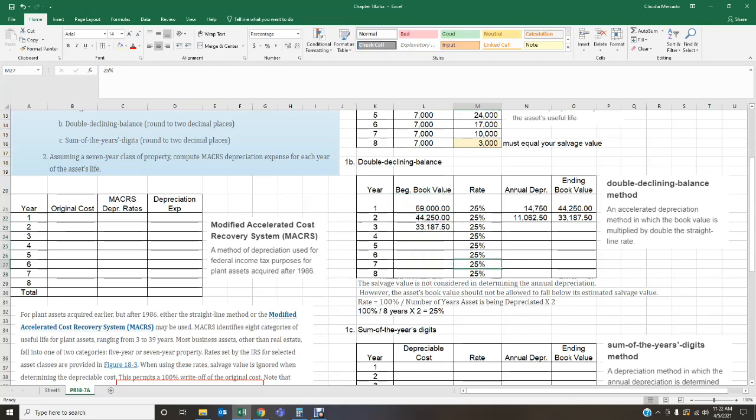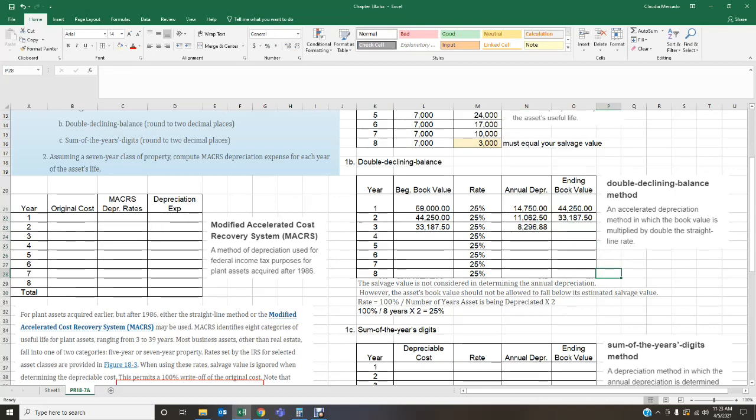I'm going to get that 33,187.50, and I'm going to multiply it by my rate of 25%. That gives me 8,296.88, because they're not asking us to round, so we need to keep those 2 digits.